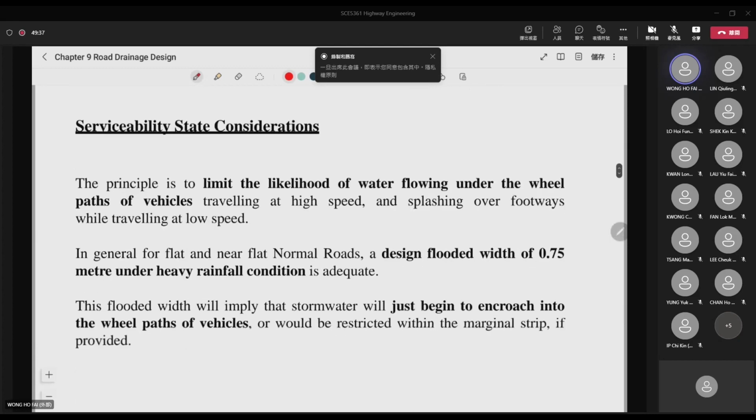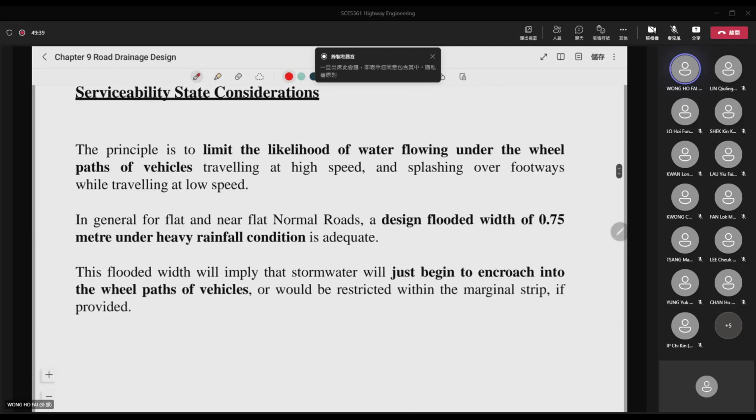So for the serviceability state, we will just consider suitable flooded width. And then the principle is to limit the likelihood of the water flowing under the wheel path of the vehicle traveling at high speed, and then splashing over the footway while traveling at low speed.